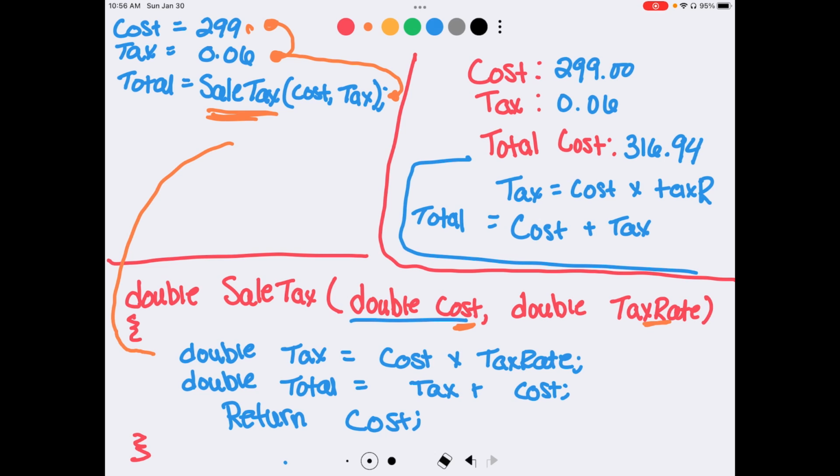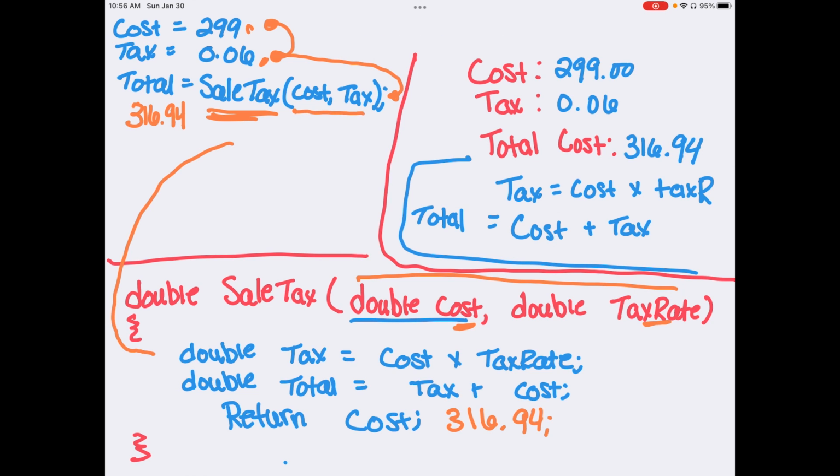This tax rate is this value. So then it's going to calculate the tax, it's going to total it, and it's going to return 316.94. And now this total is 316.94. So the values of these variables are going to be whatever you pass in here.